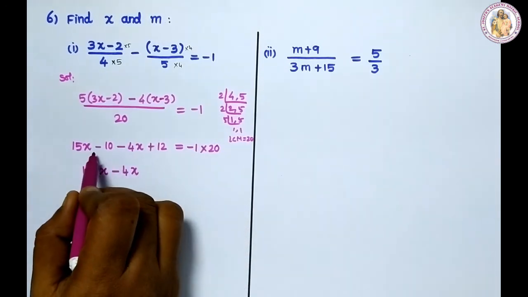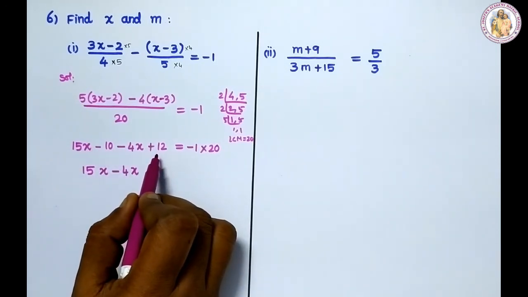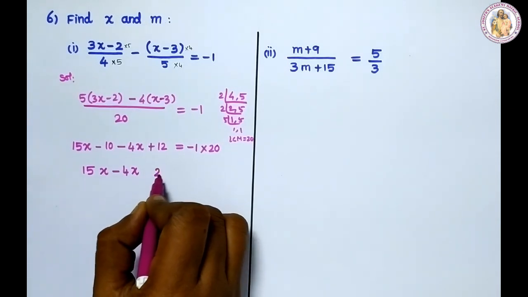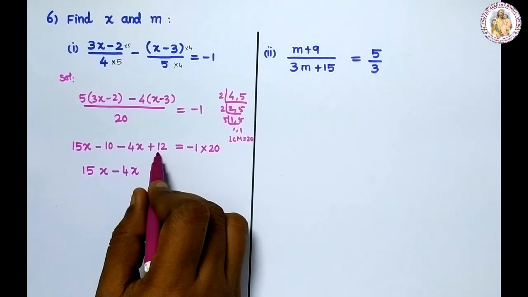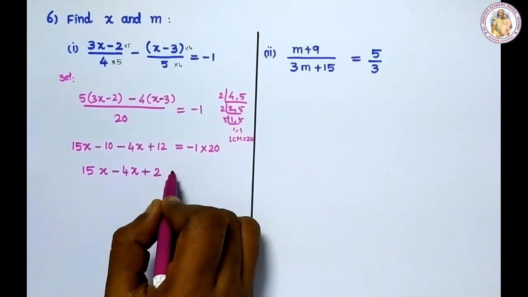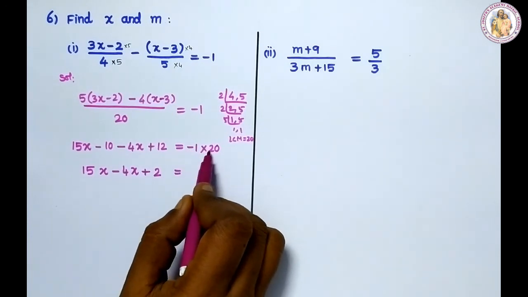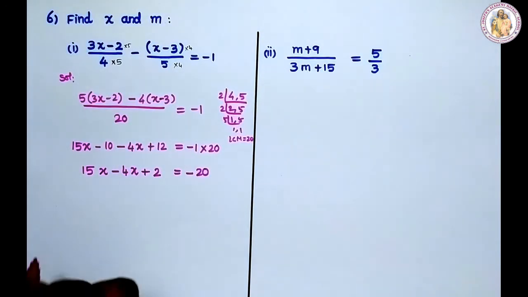Listen here, minus 10 plus 12, different sign. So subtract the numbers, we get 2 difference. Difference is 2. Which one is greater here? Plus 12 is greater here, the sign is plus. Equal to minus into plus, minus 1 into 20, 20.